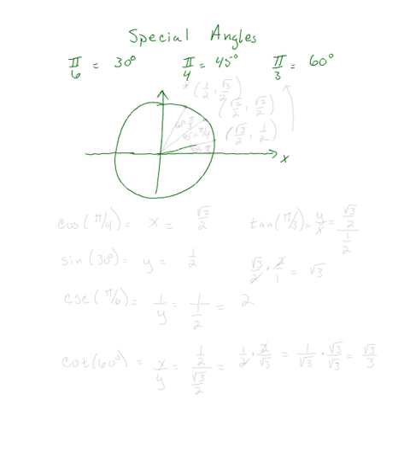Okay, so first coordinates we're going to talk about are for a pi over 6 angle, or 30 degrees. And the coordinates for that are square root of 3 over 2, comma, 1/2. And again, if you're interested in where those numbers come from, then take a look at our listing for another video that would tell you where those numbers come from. Now I'm going to spin up here to 45 degrees, or pi over 4.